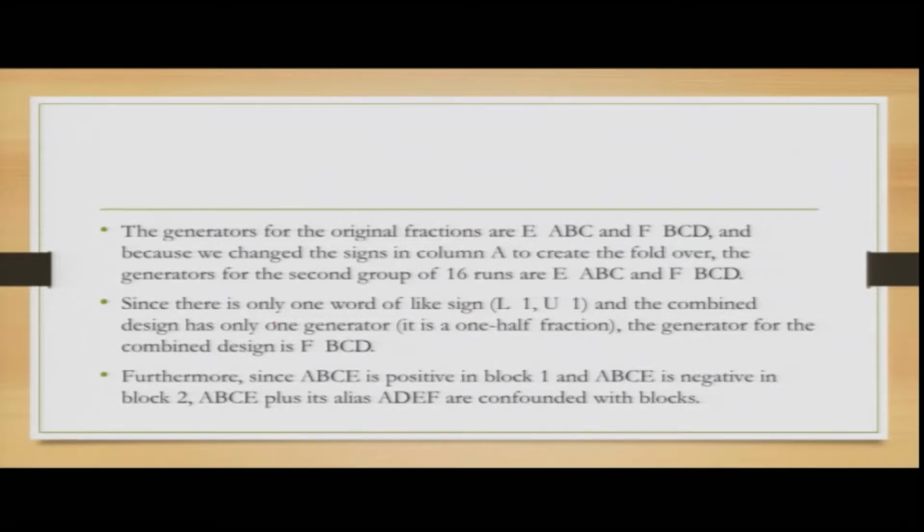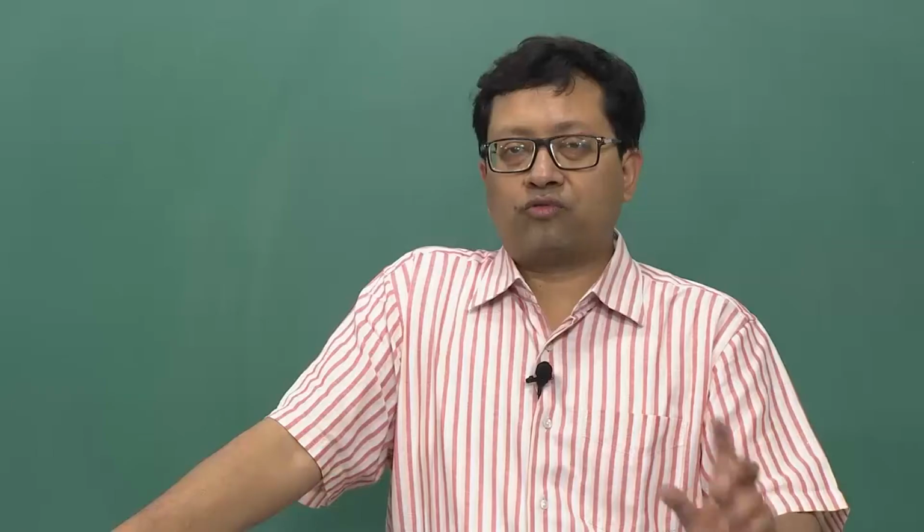The generators for the original fraction are E = ABC and F = BCD, and we change the signs in column A to create the fold. Column A was basically the initial set of variables which we had. The generators for the second group of 16 runs: if you remember, there were 32 runs, equally divided into 16 for block 1 and 16 for block 2, which is the fold.